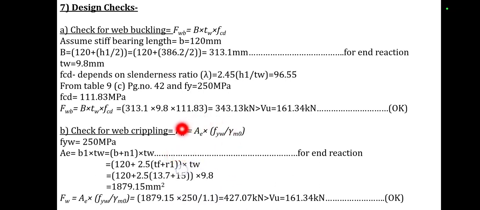Substituting the values in the formula, we get the value of AE as 1879.15 mm square. Then substituting all these values into the formula of FW, we get FW as 427.07 kilonewton, which is greater than VU, that is 61.34. Hence our beam is safe in web crippling.